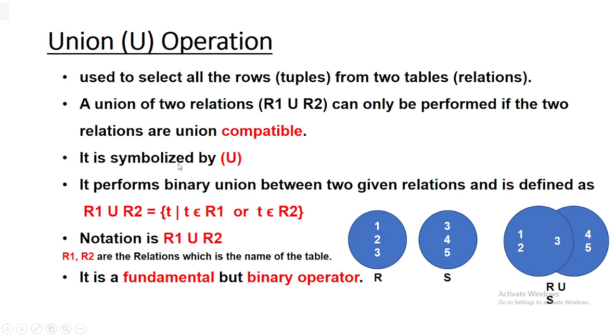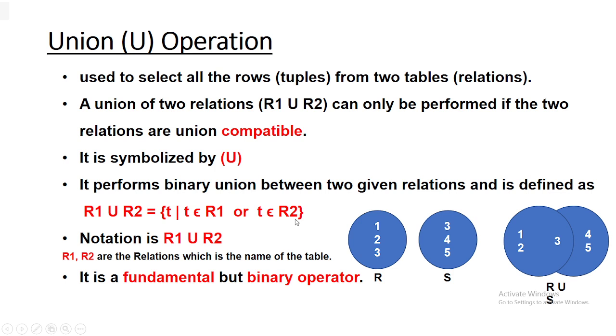It is symbolized as ∪. Using ∪, you can show there is a union operation between two relations. It performs binary union between two given relations, and it is defined as R1 union R2 equals T, where T stands for tuple, such that T belongs to R1 or T belongs to R2.